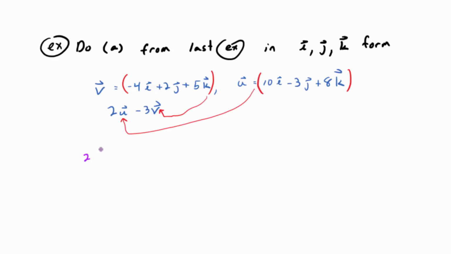And you get 2 times 10i minus 3j plus 8k. That's the 2u part. And then what's the next part? Minus 3 times, well, v. So that's negative 4i plus 2j plus 5k. Does everybody see what I'm doing?